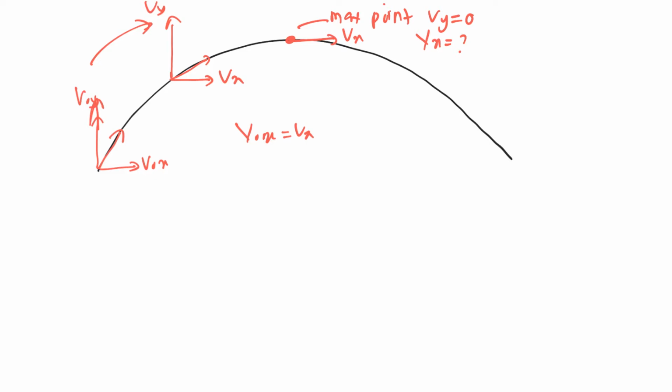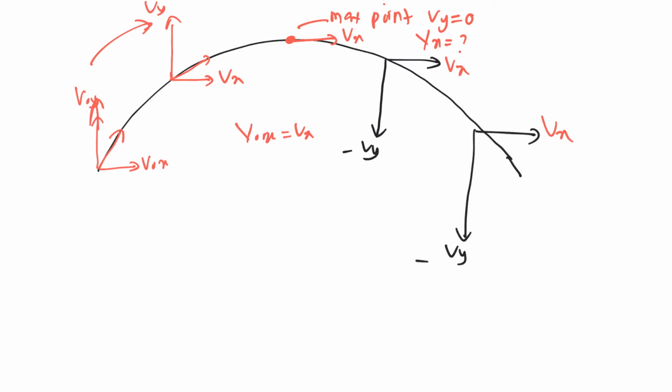But once it reaches the maximum point, the velocity now, because it's moving downward, is going to increase. But what happened to the vx? Very good, your vx is always constant at any point throughout the path. This is your vy, but this one is going to be negative because it's moving downward. Please note that at the maximum point only vy is going to be 0, but you are going to have a value for the vx.